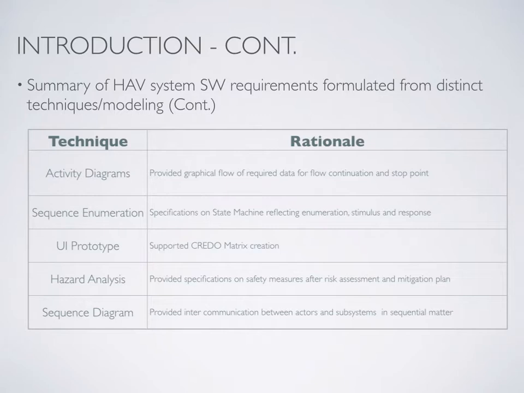The user interface prototype allowed me to build a CRUD matrix. And also, I complemented the project doing a hazard analysis. This provided me with specifications on safety measures. And after I did that, I did some risk assessment and mitigation plan.